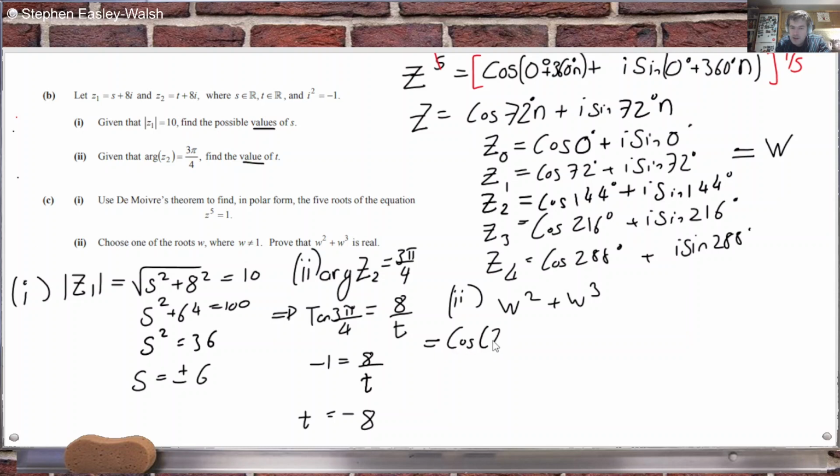Cos 72 times 2 plus i sine 72 times 2 plus cos 72 degrees times 3 plus i sine 72 degrees times 3. So that's the W squared and that's the W cubed using de Moivre's to calculate the powers.